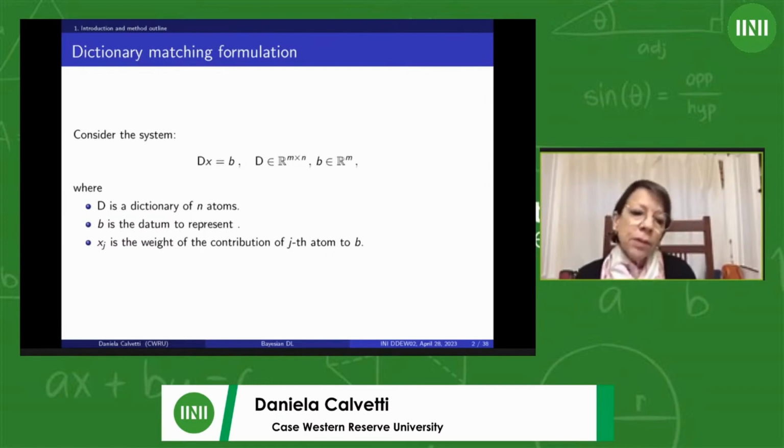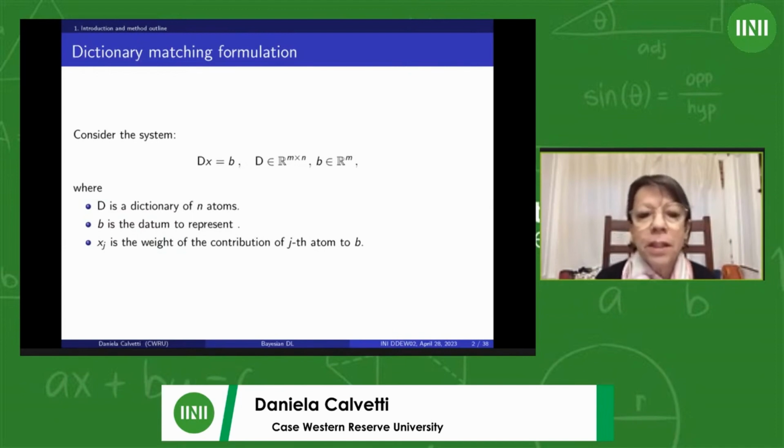And then there is an interpretation also of the vector x that we do not know right now. I like to think of x as being a weight. So the components of x are essentially the weights that are given to the atoms of D in the representation of the new point. And right now I'm writing down the problem as if b were a linear combination of the atoms, but that is not clear.